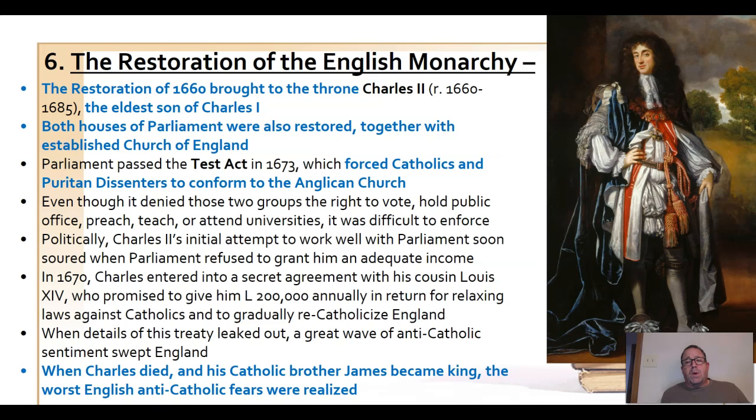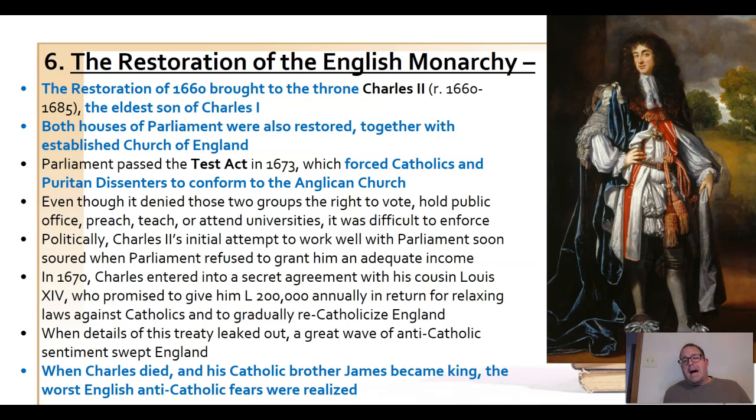Okay, so he, for the most part, flies under the radar of Parliament. He does some things that upset the religious balance in England, but nothing that's going to cause him to be unseated or overthrown. Okay.